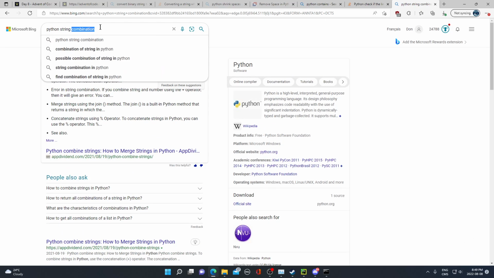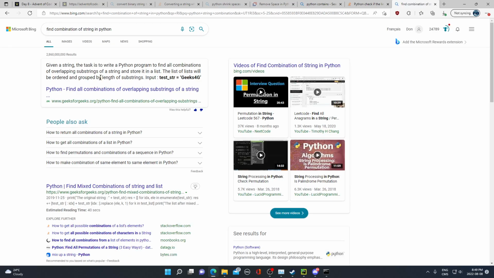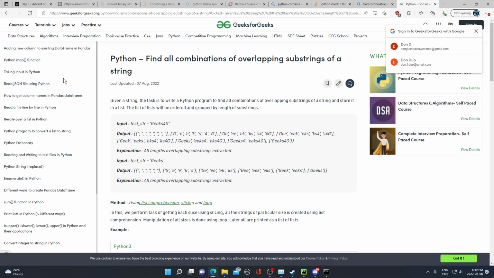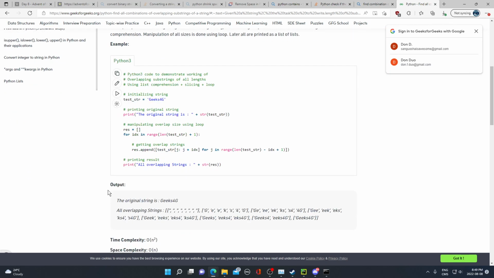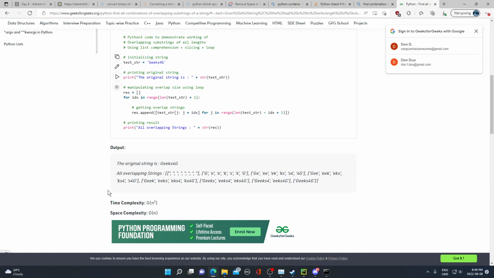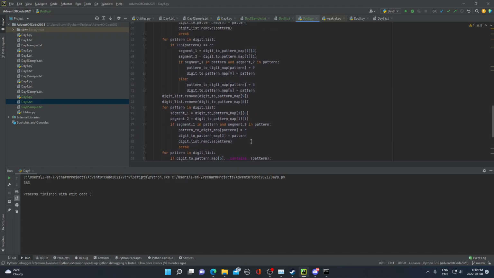Okay, combination, I'm looking for the math combination. I wonder if there's an easier way to do that, or I have to figure it out myself. Sorting seems to be the easiest way.